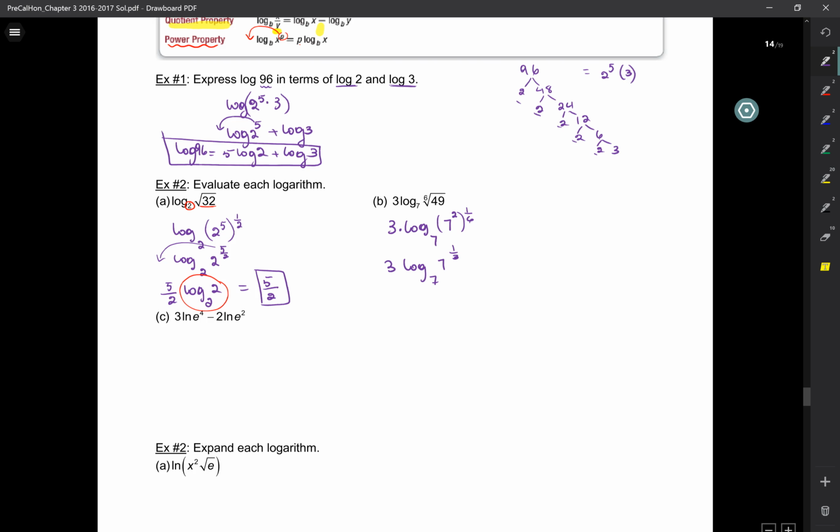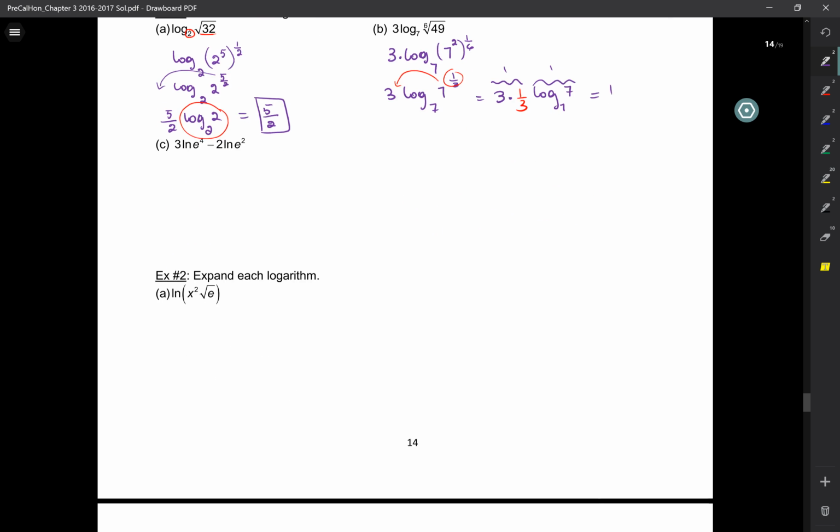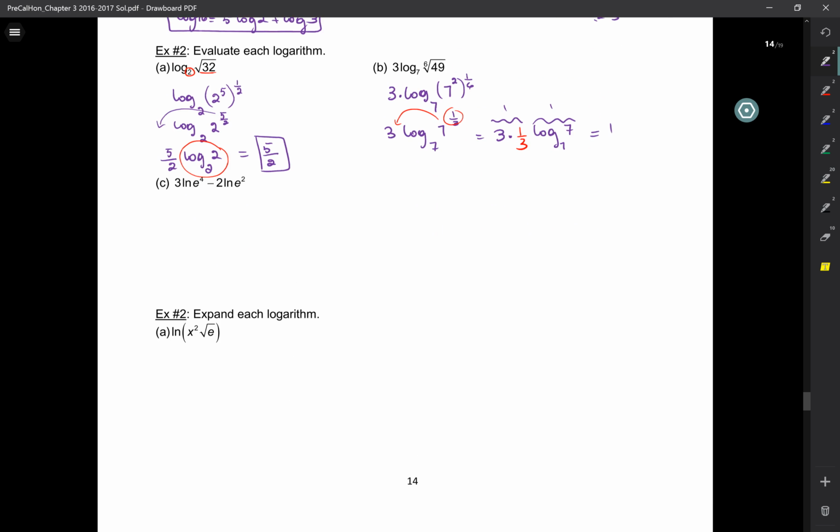Using the power property, this is 3 times, the 1 over 3 will come down, log base 7 of 7. We know that this is 1. So the entire thing here is 1. Who would have thought?